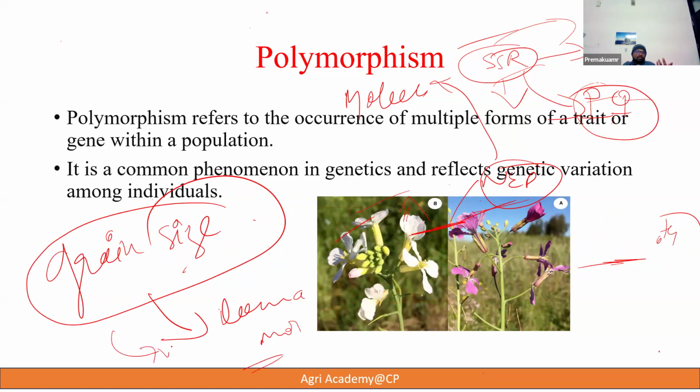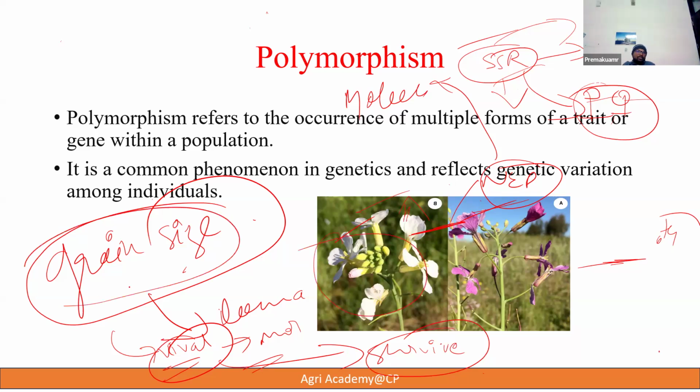Maybe viability is also one of the factors. If a larger seed is not viable for long, it will not survive to the next generation. It may not affect the fitness of the parental individual, but maybe the progenies will be affected.